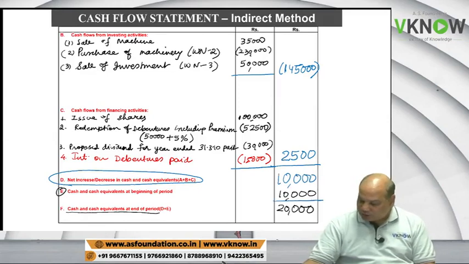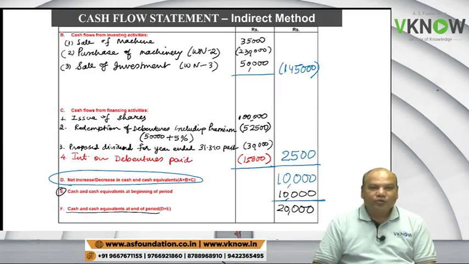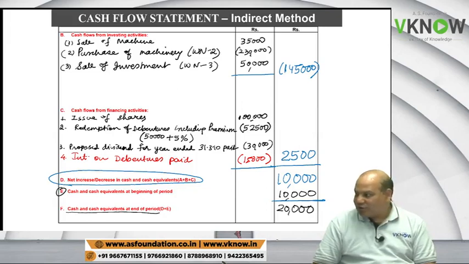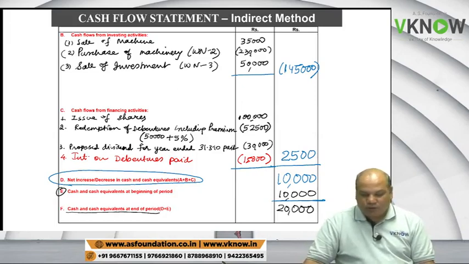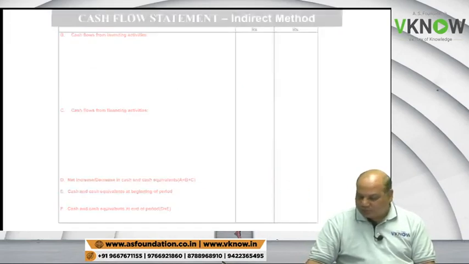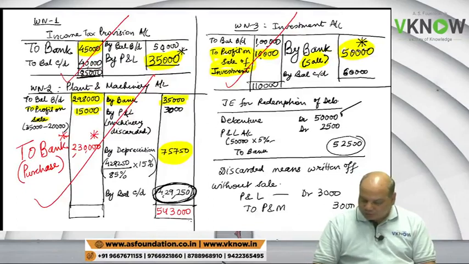Check whether it is tallying or not. Yes, this is tallying. Chetan is right. 10,000, Sanket is right. Now, the time has come to close the answer by writing a note.